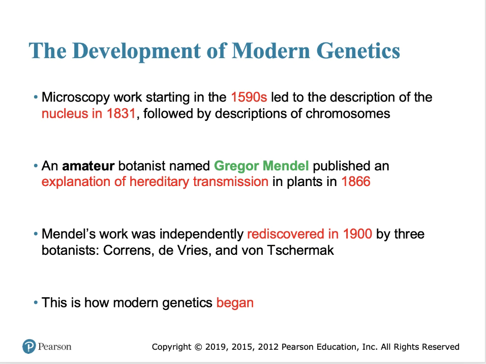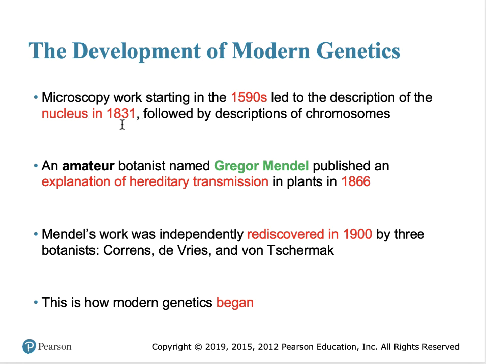The authors begin with a story starting in the 1590s with the development of microscopes, very early magnifying glasses, which eventually led to refinements leading to the discovery and reporting of the nucleus inside cells in 1831.